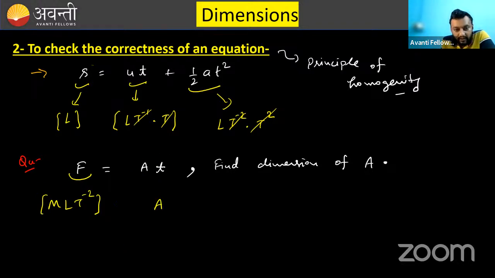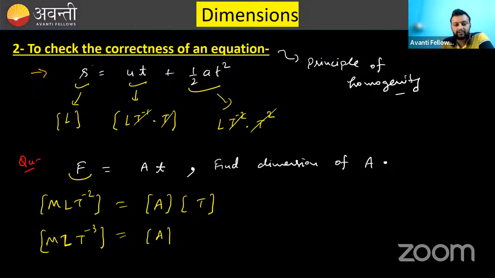We don't know the dimension of A, so mention it as A, and the dimension of T we know is T. So the dimension of A will become, this T will be transferred here. Very good, Veena. That is MLT minus 3. This T will be transferred here, and it will become minus 3. This is the easiest way, or simplest meaning, of this use. Now a lot of questions can be formed.